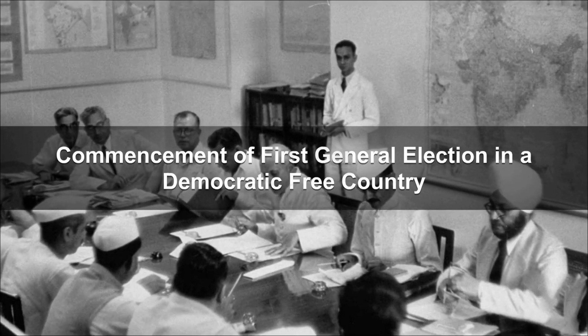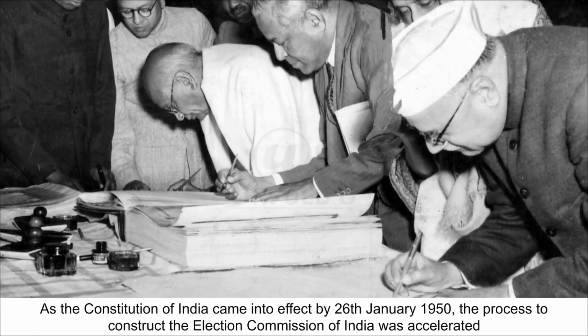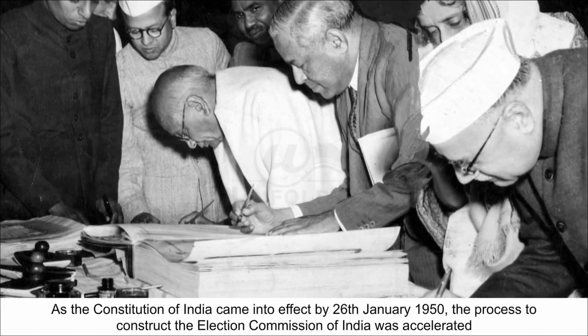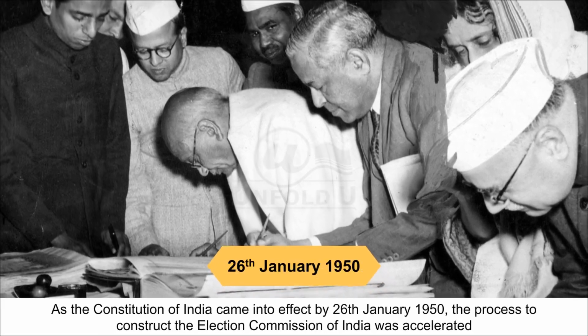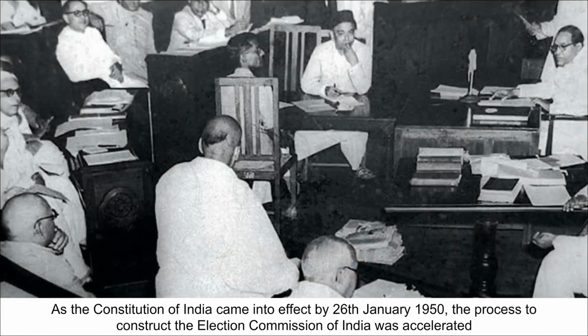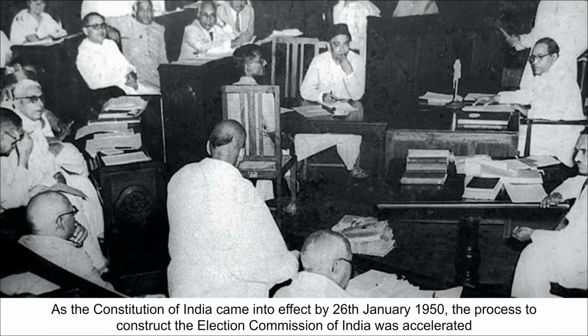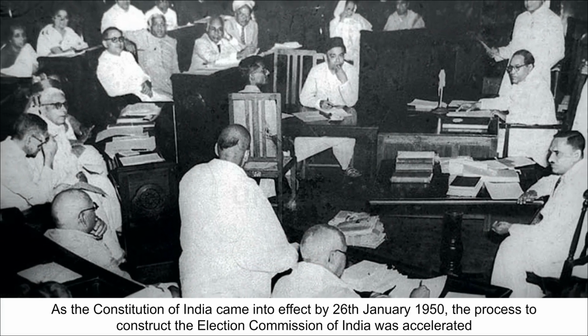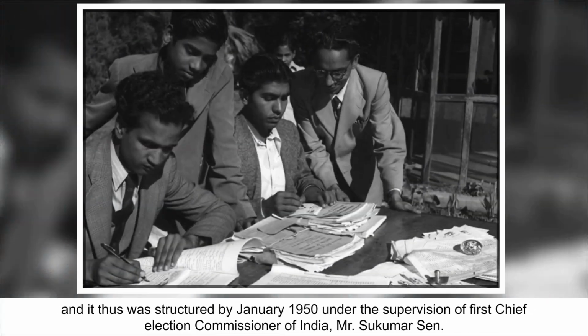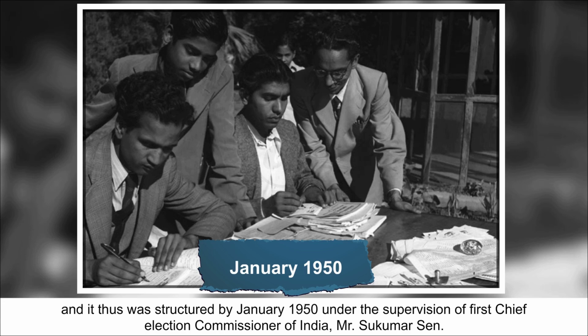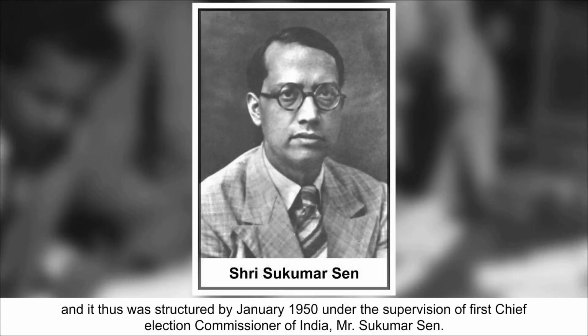Commencement of the first general election in a democratic free country. As the Constitution of India came into effect on 26 January 1950, the process to construct the Election Commission of India was accelerated, and it was structured by January 1950 under the supervision of the first Chief Election Commissioner of India, Mr. Sukumar Sen.